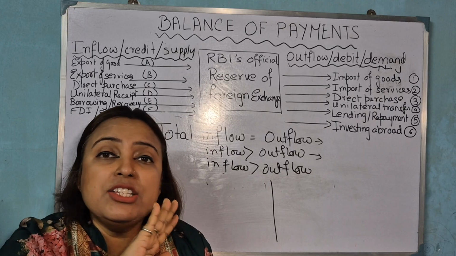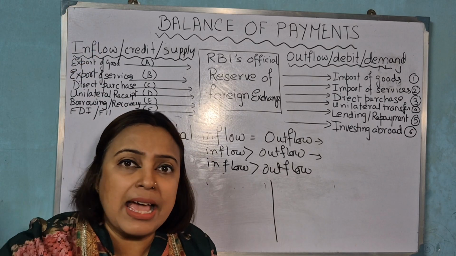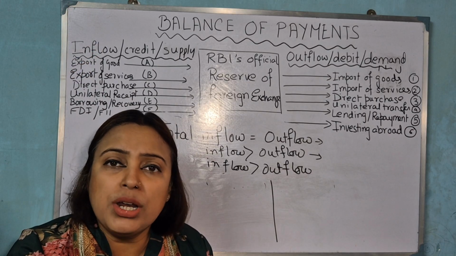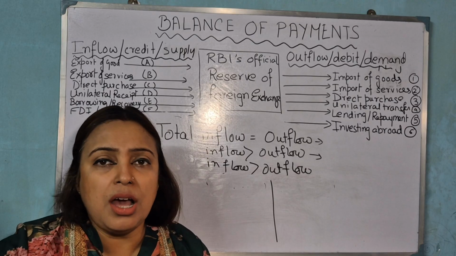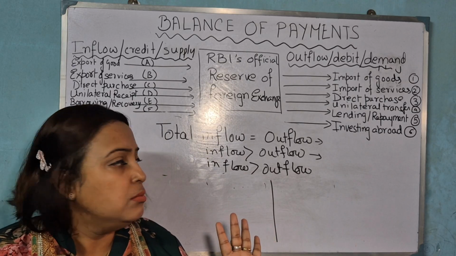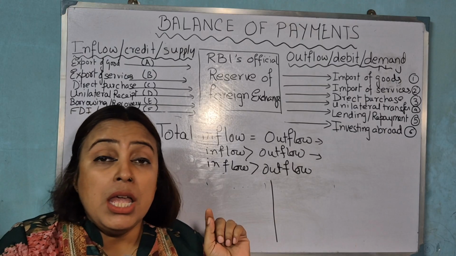Now, after these autonomous transactions are over, the BOP 2 sides are calculated, the total credit side and the total debit side. Now, if it is found that the 2 sides are equal, outflow is equal to inflow, then balanced BOP, no problem. Okay.